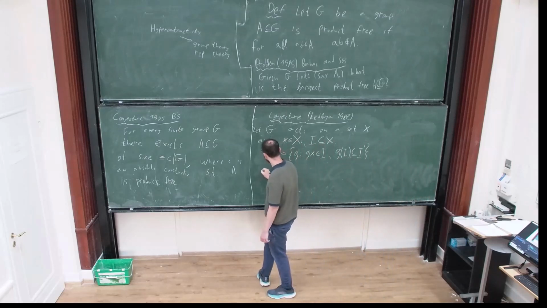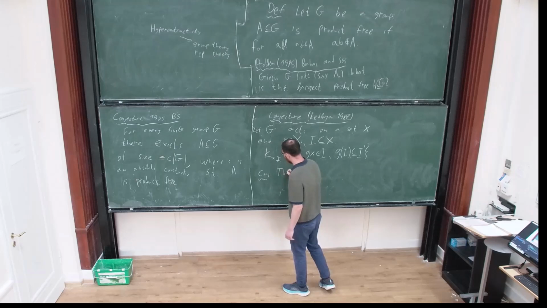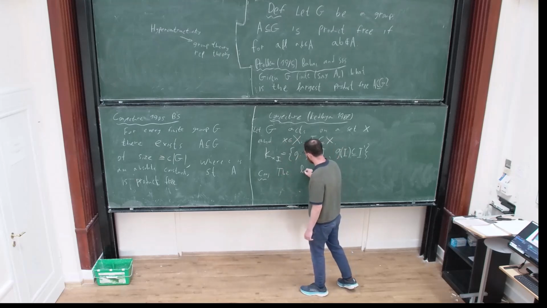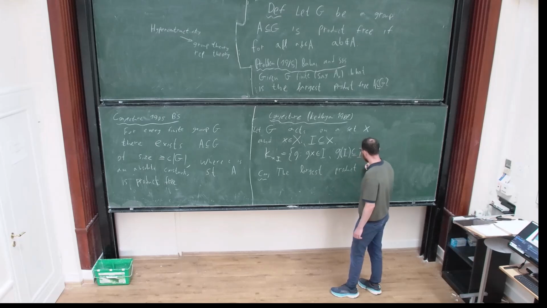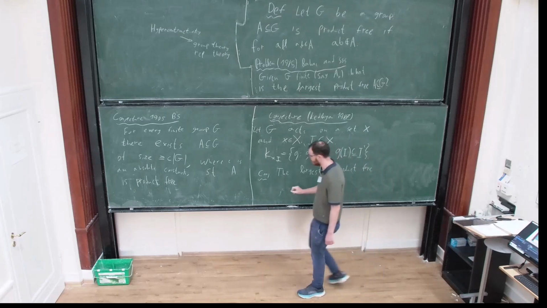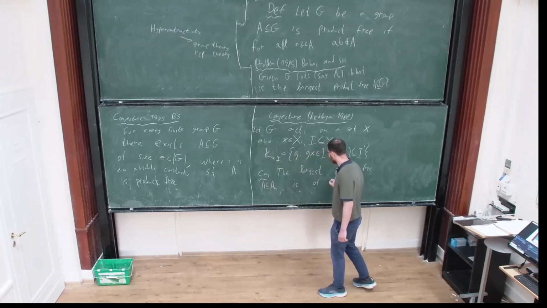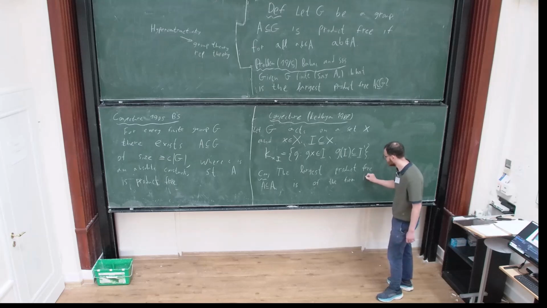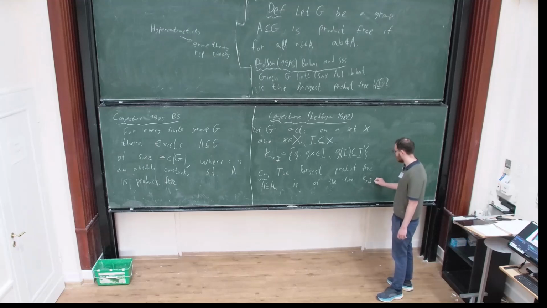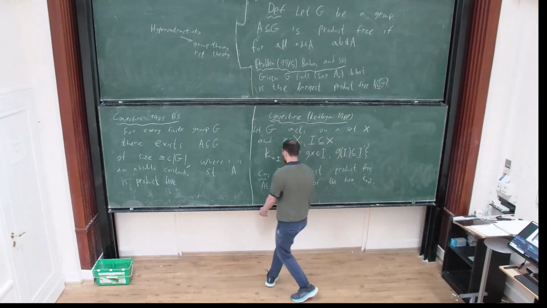And this conjecture was that the largest product free subset of A_n is of the form K_{x,I}, where we look at the action of A_n on the numbers 1 up to n.